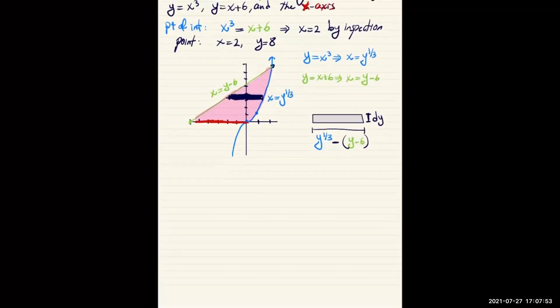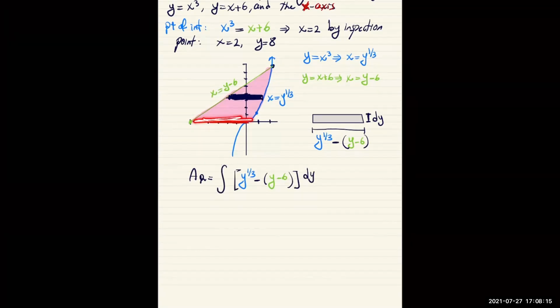So the area of this region is equal to the integral of y to the 1/3 minus (y minus 6), that's length, times width, which is dy. Now you're going to do a sum, or the definite integral. These rectangles begin at y equal to 0. And where do they end? Which y do they end at?